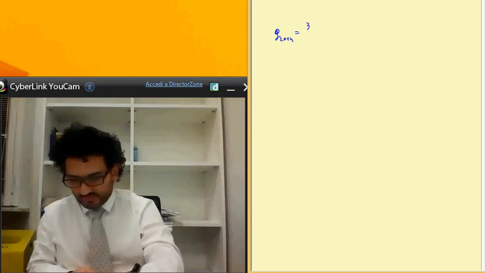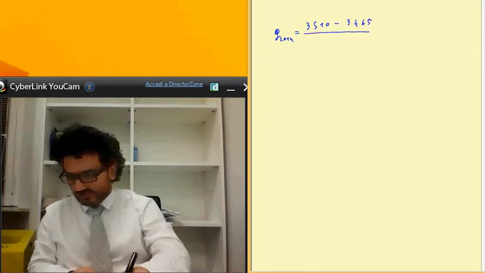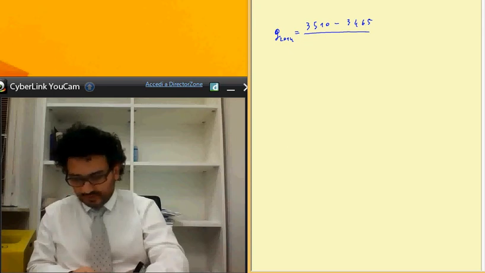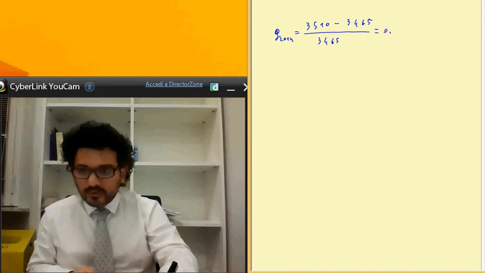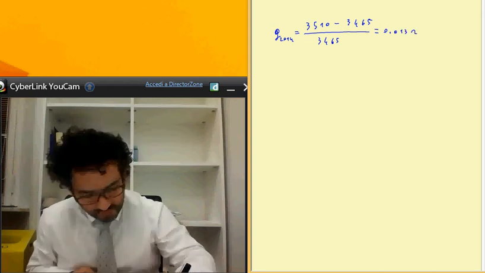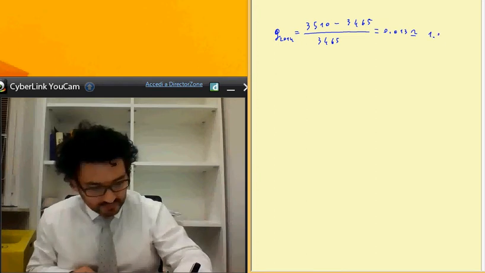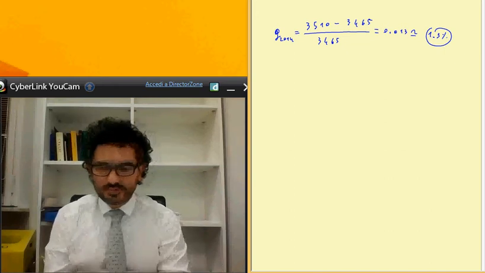It will be equal to the real GDP in 2014, which is 3510, minus the real GDP in 2013, which is 3465, divided by the initial value, 3465, and you get 0.013, an approximated value, which is around 1.3% real GDP growth rate.